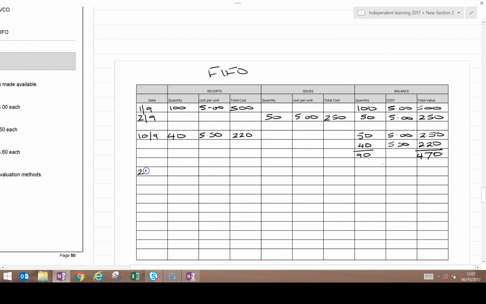So on the 20th of September, we're issuing 60. But if we now have a look at this breakdown, we can see if we're doing first in, first out, of those 60, 50 of them were at £5, and then the other 10 must have come from this second delivery when the price was £5.50.